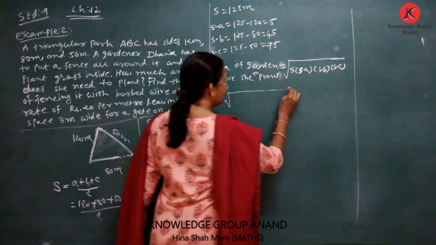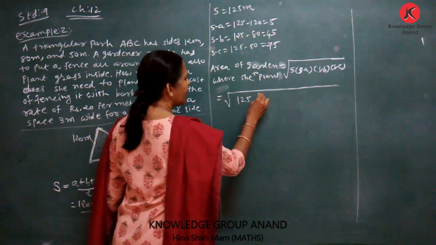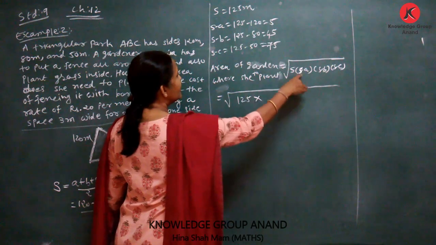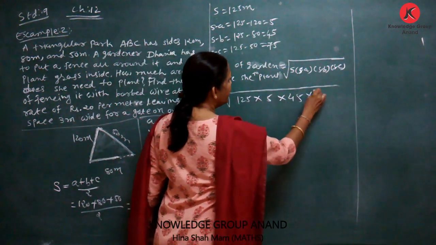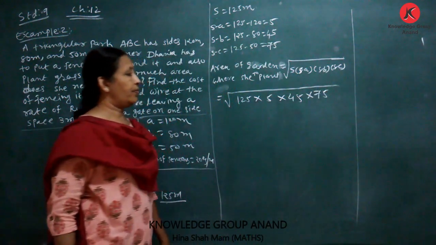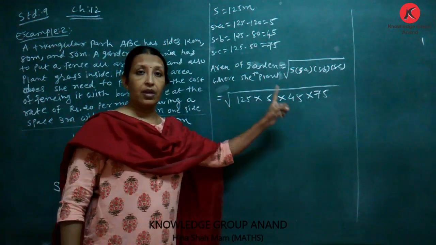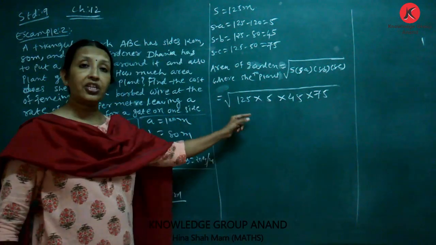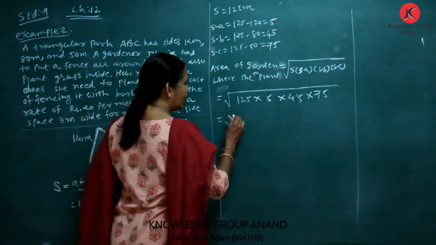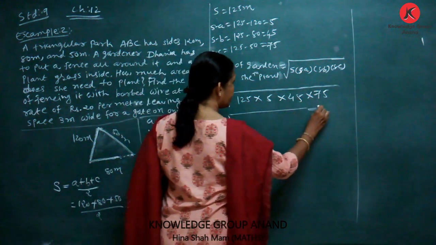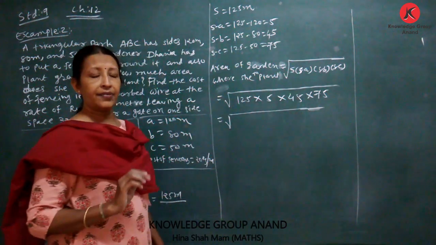Using this formula, we put the value S is equal to 125, into S minus A, 5, into 45, into 75. Now, instead of direct multiplication of these terms, first we do factorization, then it is so easy. 125 is 25 fives. 45 is 9 fives, and 75 is 25 threes.